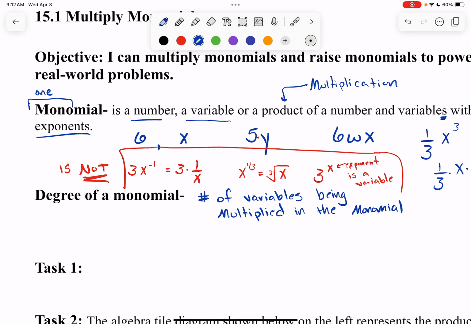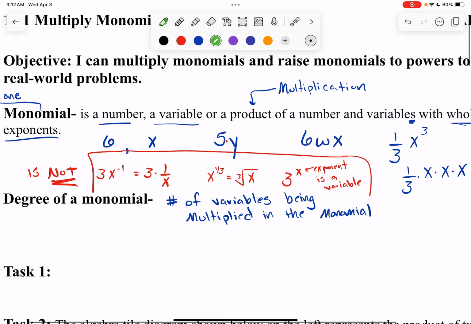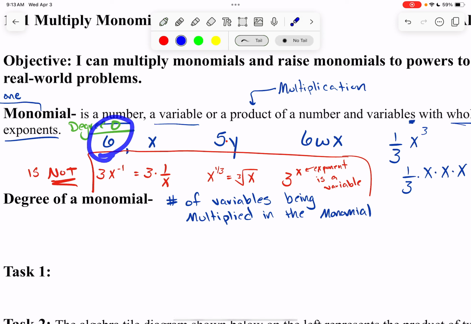For example, if we look at these ones up here, let's put the degree above. The degree for the 6 is 0 because there are no variables in that. So 6 has a degree of 0 because there are no variables. This next one, x, has a degree of 1 because there's just one single x. This 5y has a degree of 1 because there's just one single y.